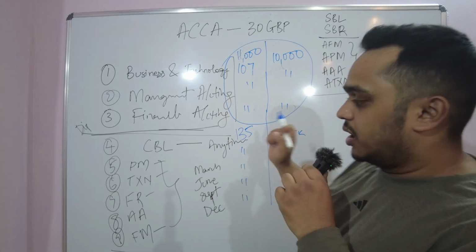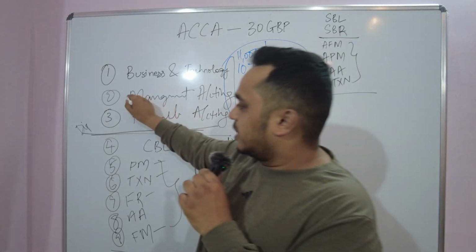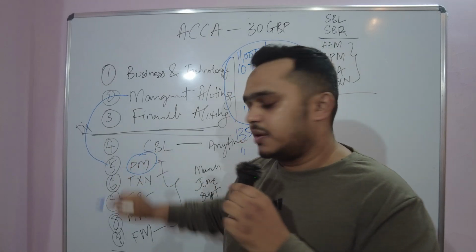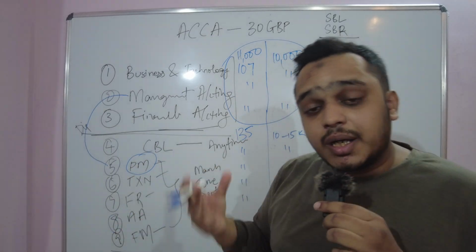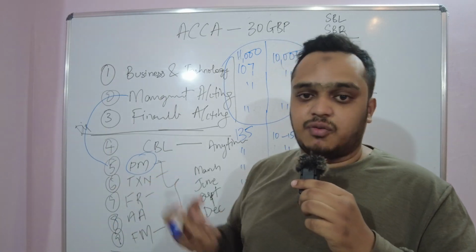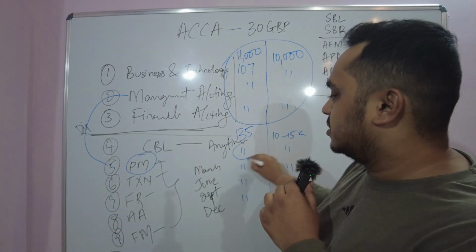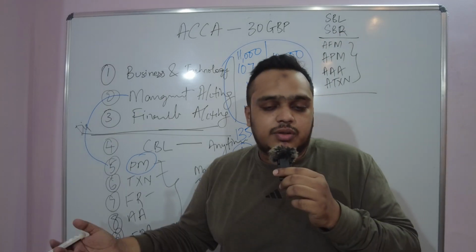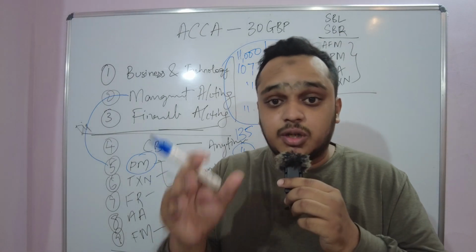Now, just see this. Management accounting, the extension of management accounting is performance management. Suppose you are really good in management accounting and you feel like, sir, I can study performance management by myself. What happens here is, you just have to pay the examination fee and your tuition fee is gone. Now this depends on person to person.